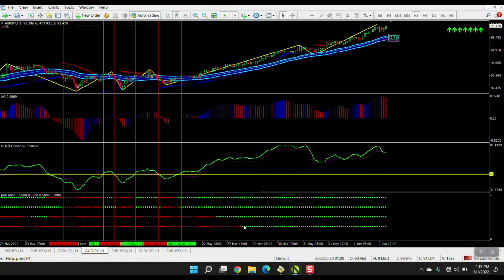Well, in this one, if all four are green, I'm more interested in taking the buys. If all four are red, I'm more interested in taking the sells. And if they're different, well, then I'm just like before. I turn the page.